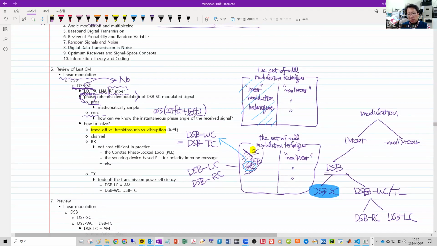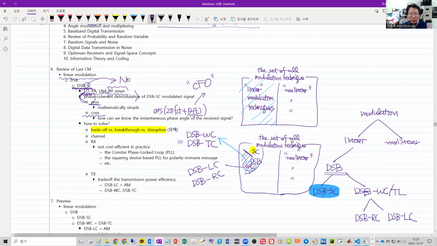This theta of t may even contain some carrier frequency offset, which I emphasized, and this makes our receiver perform very poorly if we just assume our receiver has phase coherence, but actually it does not. Then performance degrades a lot.